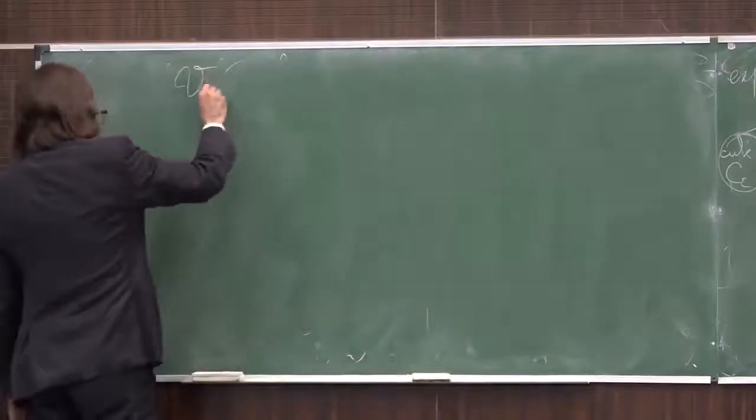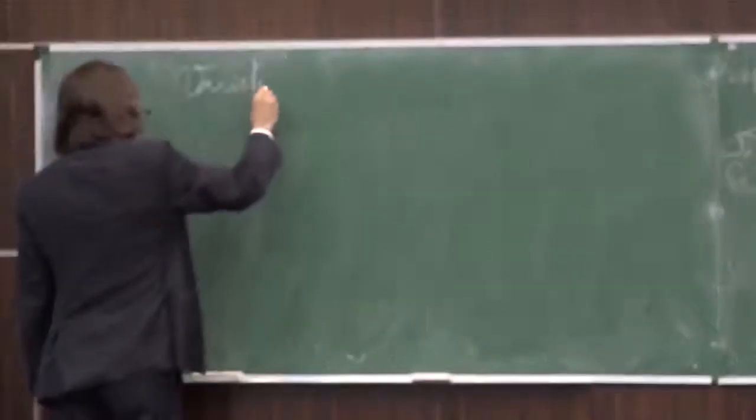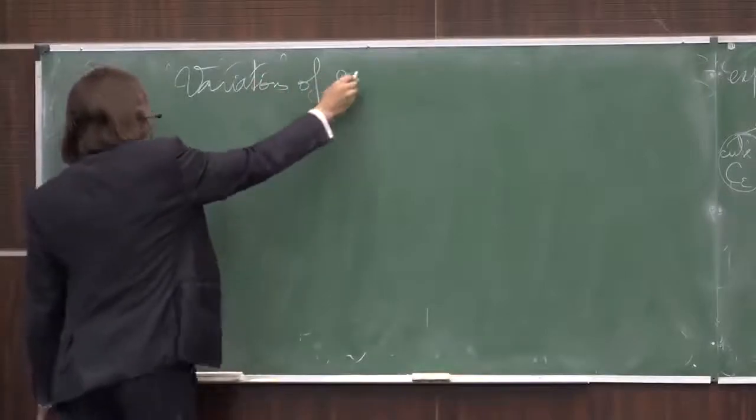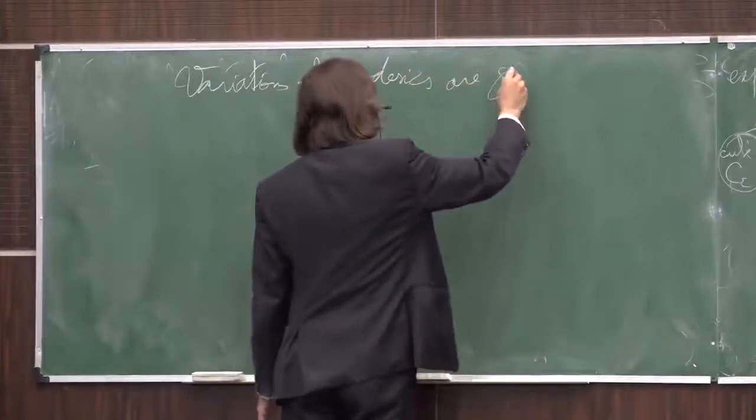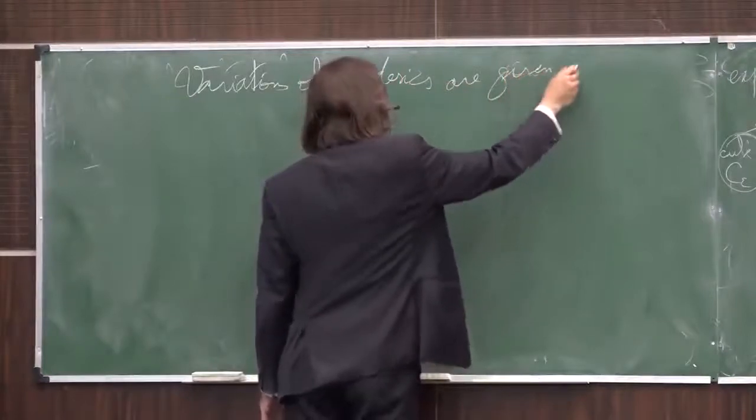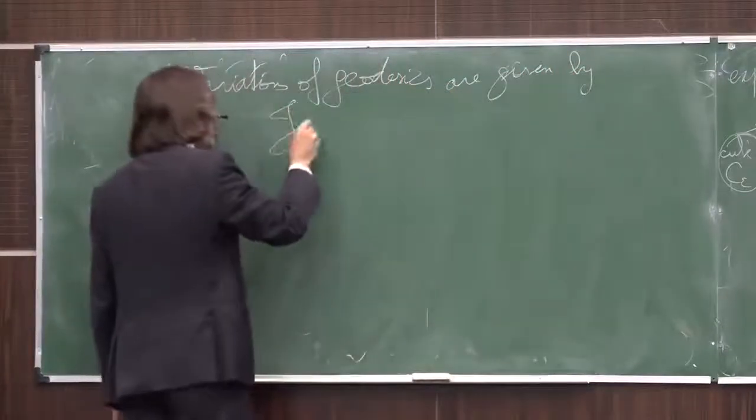So variations of geodesics are given by so-called Jacobi fields.